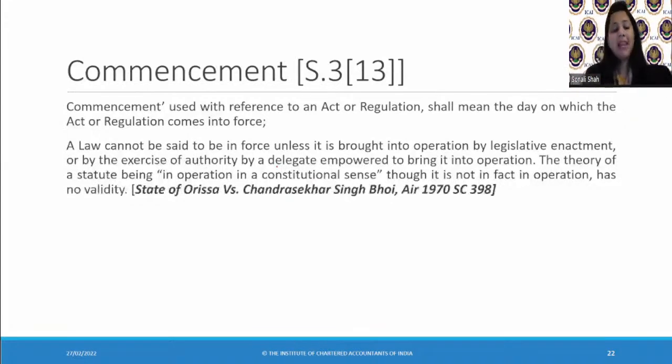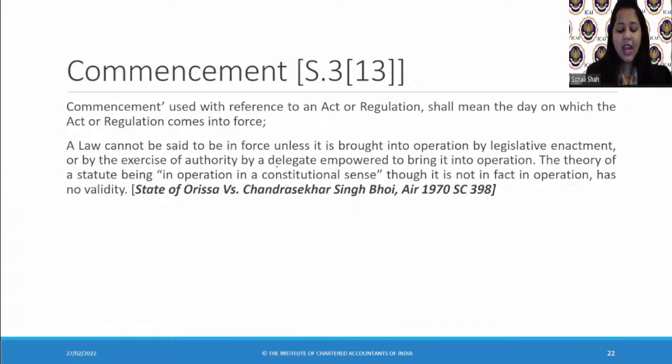So obviously the bill is drafted, it is proposed in the parliament, it needs to be passed by both the houses of the parliament, and once it has been passed by both the houses, it has to receive the assent of the President of India, and then it gets published in the official Gazette of India. However, coming into force of an act is different from the making of a legislation.